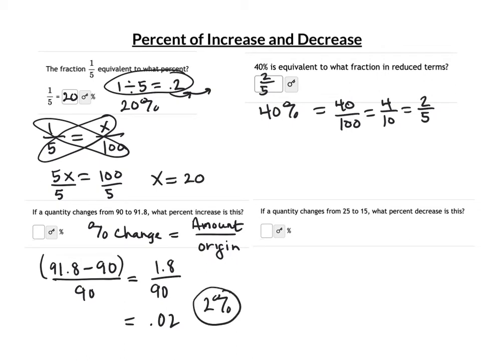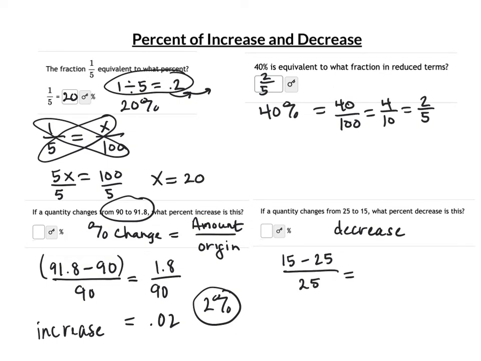If a quantity changes from 25 to 15, well, by the way, on the last one, notice how it was an increase. This is an increase, in case they ask that in the future. This one is a decrease. But just like the last one, we find the amount of change. So the new 15 minus 25 divided by the original 25, well, that would be negative 10 over 25.